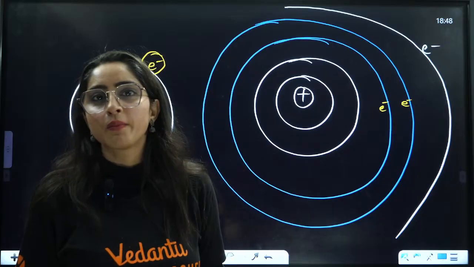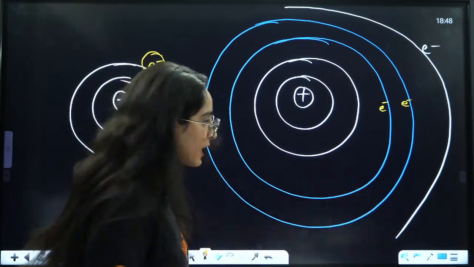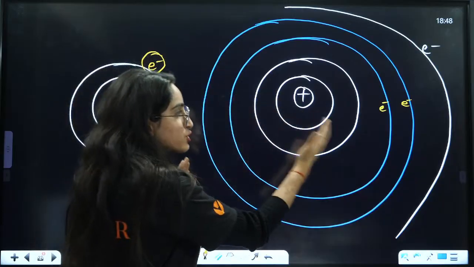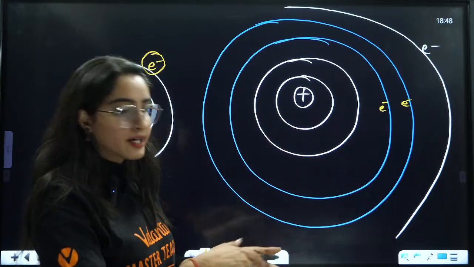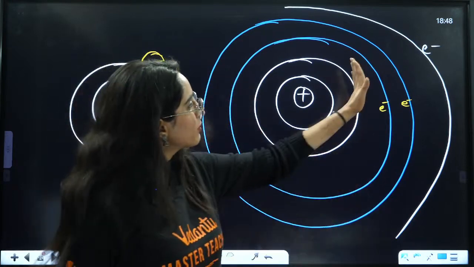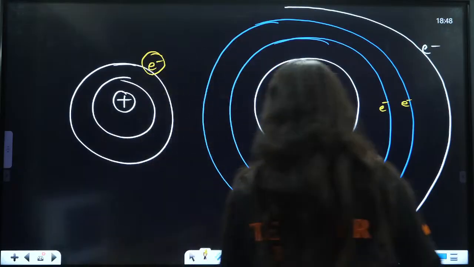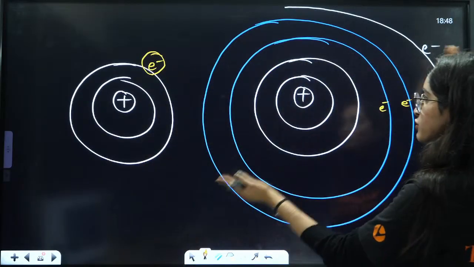He will gossip about you. These are like those bad friends. We were thinking that the size should increase because an extra shell is added here, but in reality, because of their poor shielding effect, they are not able to shield this electron from the nucleus. That is why what we were thinking is actually opposite.